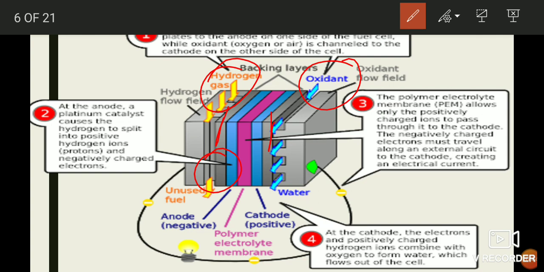The extent to which heat is converted into mechanical energy is limited. But in a fuel cell, chemical energy is completely converted into electrical energy, with 100% efficiency. Then a fuel cell is represented as fuel, electrode, electrolyte and oxidant.